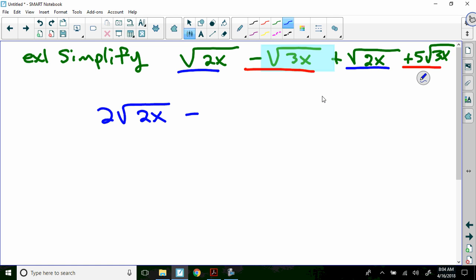We lost an ice cream cone and we pick up 5 more ice cream cones. So do we now have brownies or double cheeseburgers? No, we're dealing with ice cream cones. We have 5 and we take 1 away from 5, so we're going to have minus 4 ice cream cones. Okay. So the deal is the radical stuff stays as the radical stuff whenever we're combining by addition or subtraction.